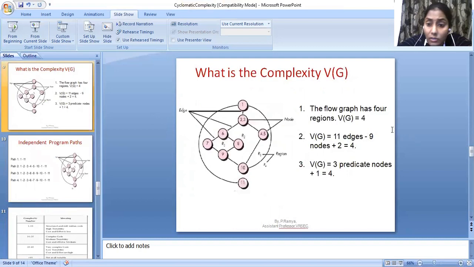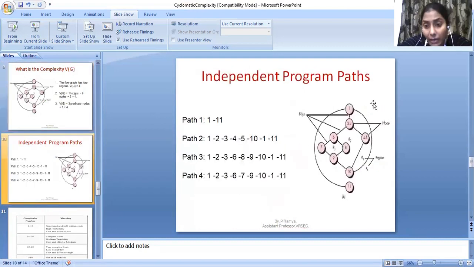The complexity of your code will be the number of independent paths. That means your starting node is 1 and ending node is 11. Independent means not repeatable. To go from 1 to 11, there are 4 independent paths, which is again just your cyclomatic complexity.